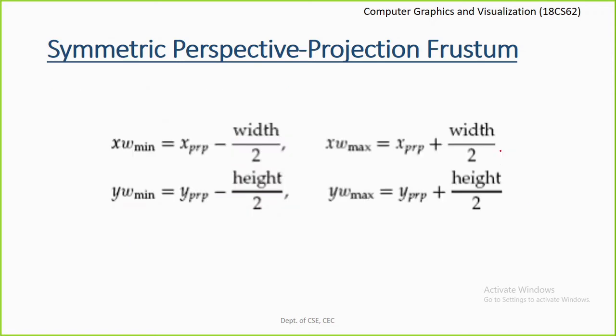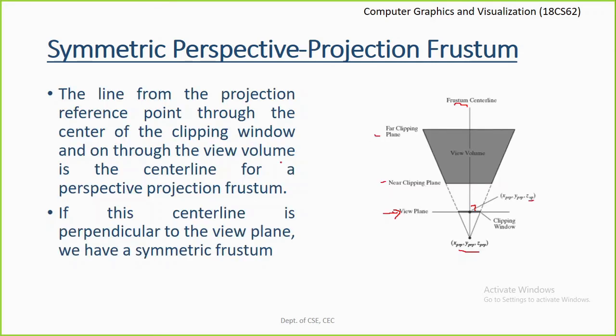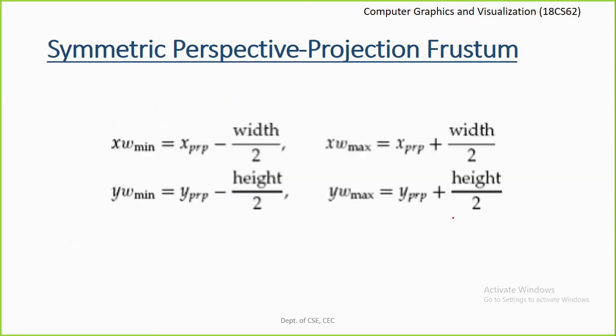Now, these are the equations we use to compute the coordinates or the boundaries for the clipping window in the case of a symmetric perspective projection frustum. This will be our clipping window, the view plane. So what are the boundaries for that? XW minimum is given as XPRP minus the width of the window divided by 2.